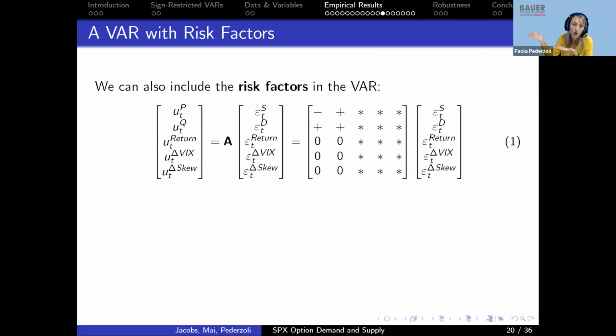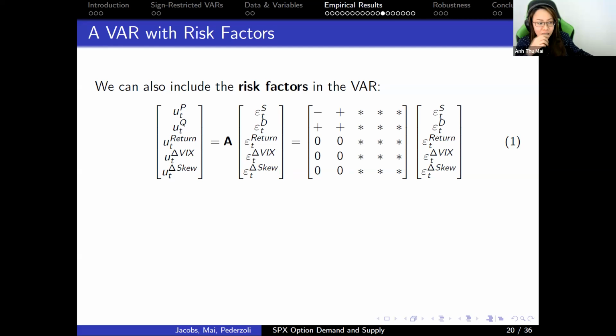So the last 3 columns are just risk shocks, and they are not restricted. Risk can impact price, quantity, and risk, and all the risk variables. But demand and supply shocks can only impact price and quantity and not the risk factors. This is necessary because if you have columns that have the same sign, you can have a shock that is mimicking another shock, and then you cannot identify that anymore. That's just the explanation of the zeros.